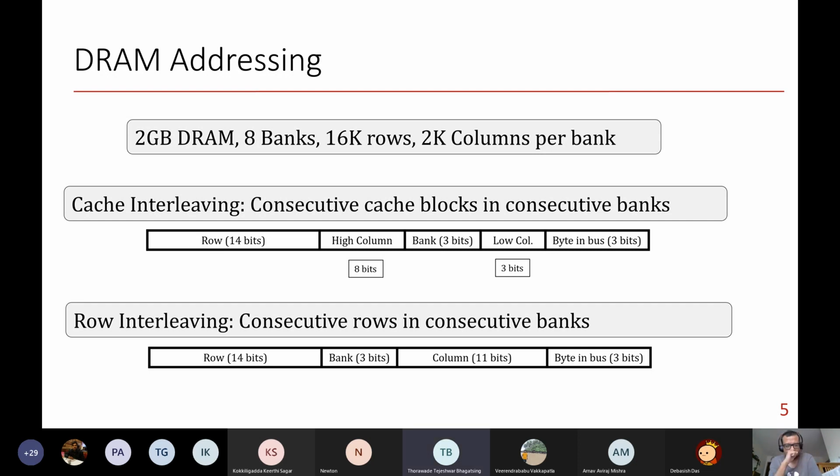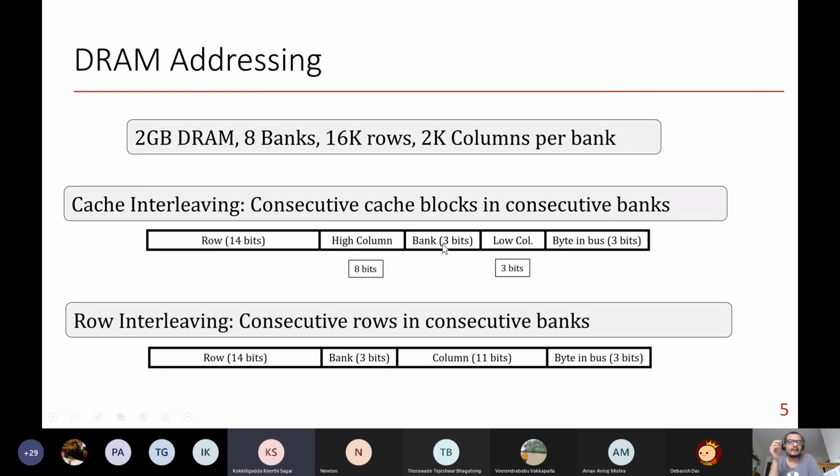In the earlier case, consecutive addresses will be scattered across different banks. But in this case, consecutive cache lines will be in the same row, same bank. No, even in the previous case it was the same row, because the row is at the upper level, the upper bits. The only difference was it was going to different banks.